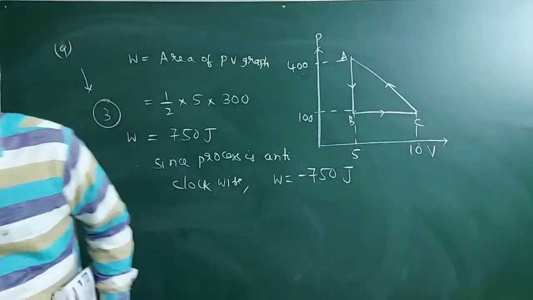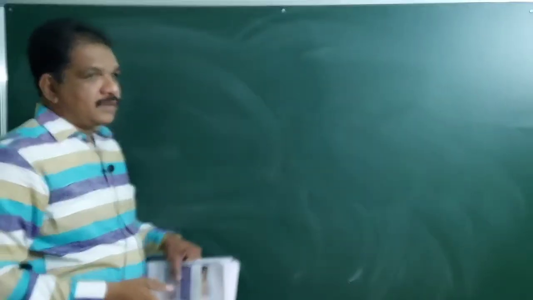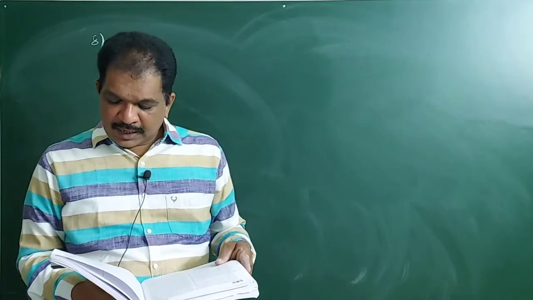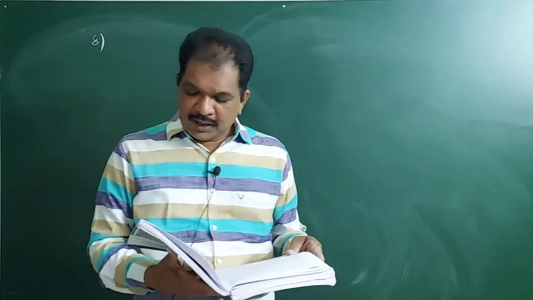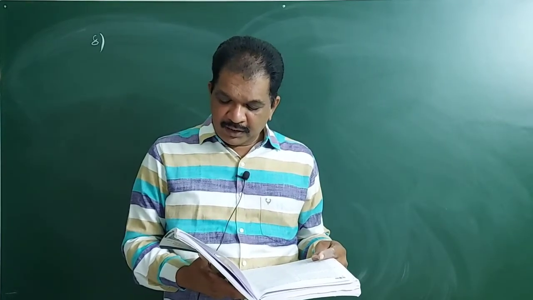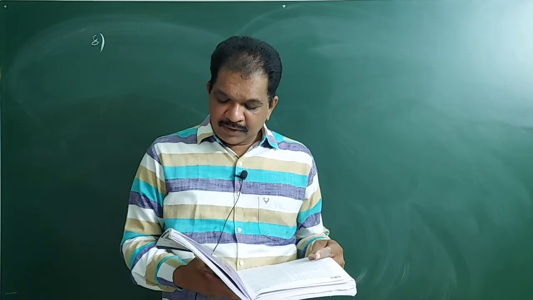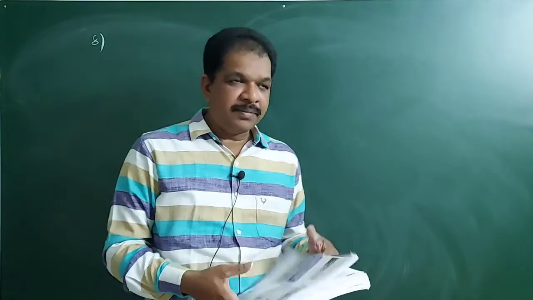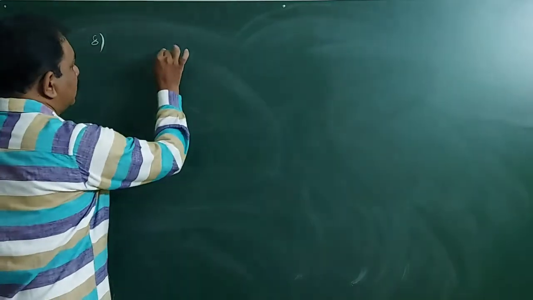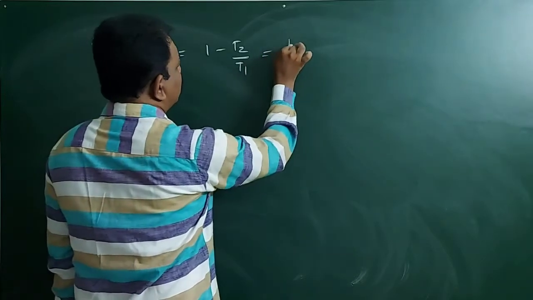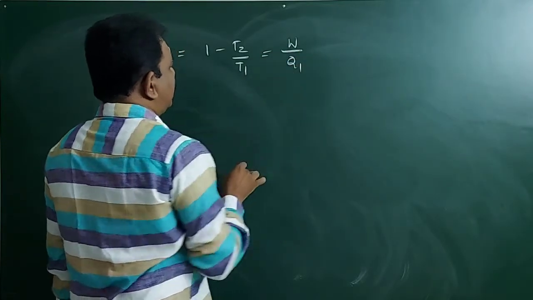Okay. Now 8, you see. 8th question, see. A Carnot engine takes 300 calories of heat from the source at 500 Kelvin and rejects 150 calories of heat to the sink. The temperature of the sink is? 1 minus T2 by T1 is equal to W by Q1.